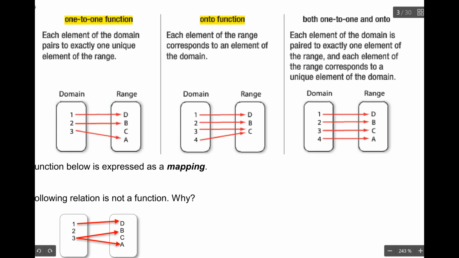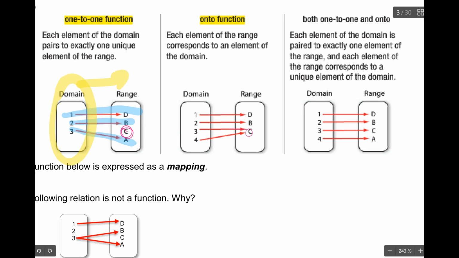So the one-to-one function means each element in the domain is paired with exactly one y. Alright, so 1, 2, 3. But the reason it's called one-to-one is every single x has a y, but maybe not every y has an x. Check that out. C is all alone. An onto function means each element of the range is an element of the domain.